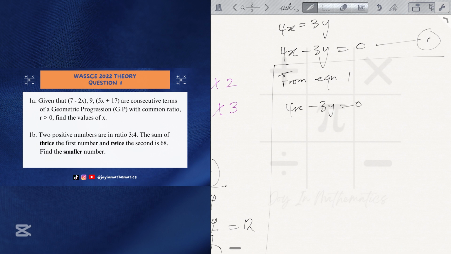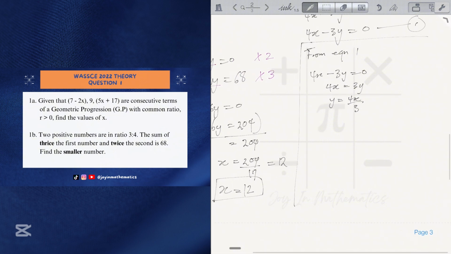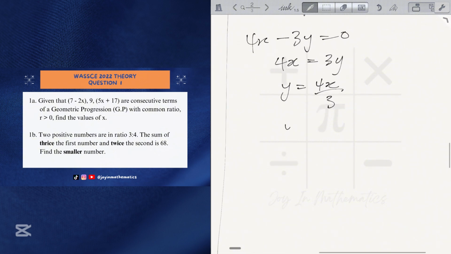So I can make y the subject of the formula, and that means I will have 4x is equal to 3y, and my y will be equal to 4x divided by 3. So what is my value of x? x is equal to 12. So y is 4 multiplied by 12 divided by 3, and 4 multiplied by 12 divided by 3 will give us 16. y is equal to 16.